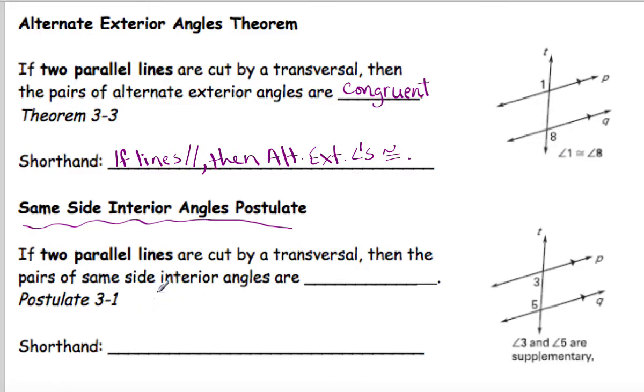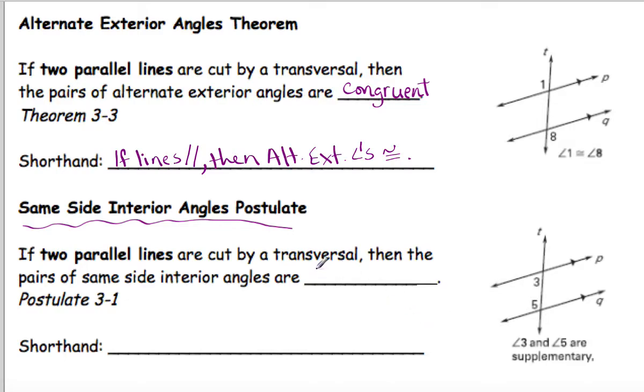The fourth set here, these same side interior angles or consecutive interior angles, are going to be supplementary. And notice in the picture, a lot of the time it's kind of a hint. Angles 3 and 5, you don't want to go by what the drawing always looks like, but 3 is acute and 5 looks obtuse, so they're probably not going to be congruent.